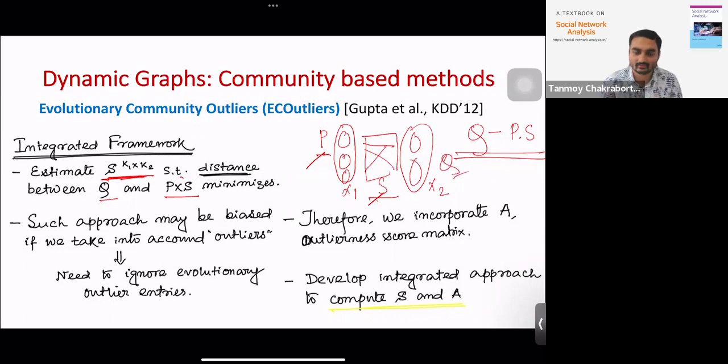You can easily minimize it, and you can see the distance is less. So this is already biased. To reduce this bias, we incorporate something called A. What is A? A is the outlierness matrix. Remember, this is also unknown. So now what is our task? Our task is to estimate both S and A.